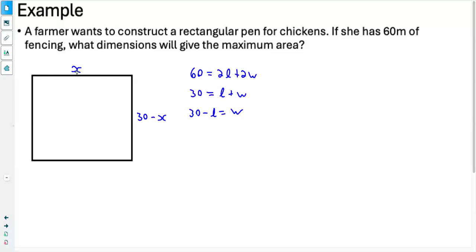So I've put my length as x, which means my width is 30 minus x. Now, because we're dealing with area of a rectangle, we will be using area is length times width. But because we've come up with these dimensions, we can say our area is x times 30 minus x, or expanded out, that would be 30x minus x squared.